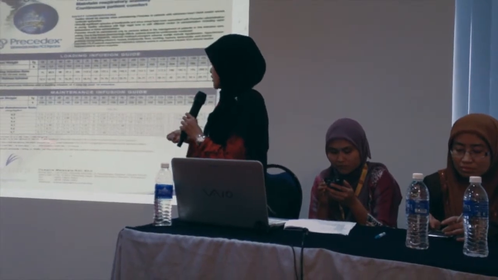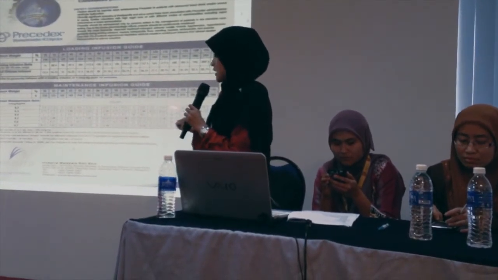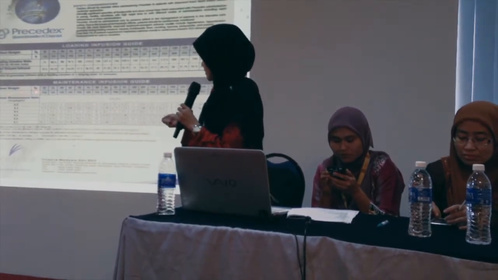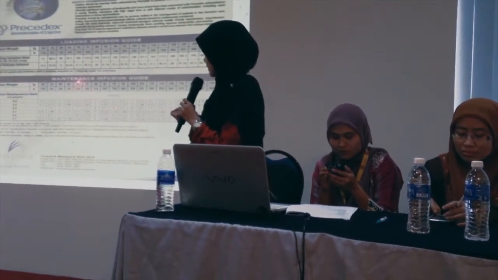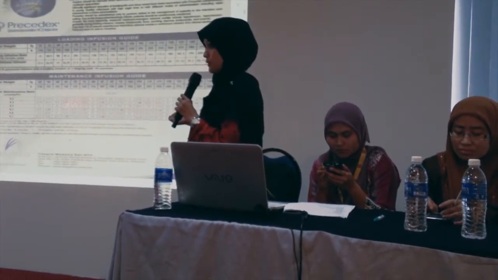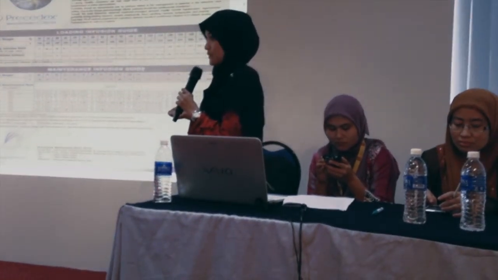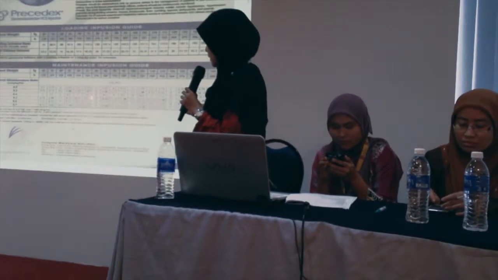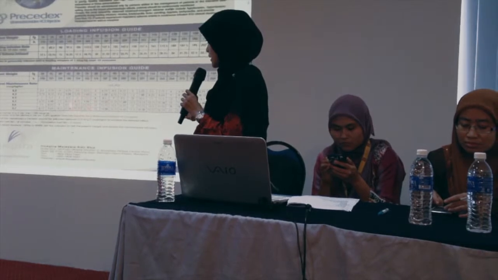You refer to the chart for how much you want to give the patient. Here you see the patient weight. Is it 70 kilos? They start off with 3.5 mils per hour. So this is how many mils you want to give the patient.